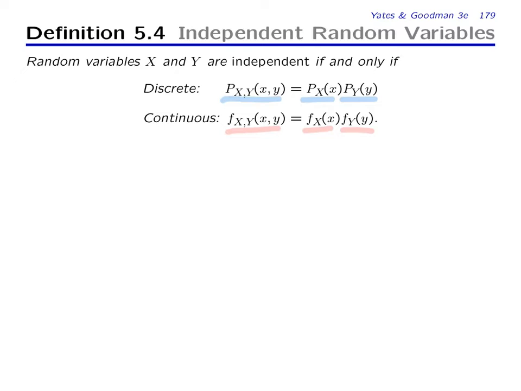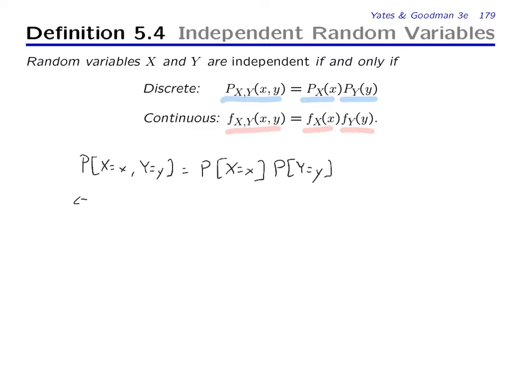For discrete random variables, the condition reduces to the probability x equals x and y equals y. This joint event has to factor into the probability x equals x times the probability y equals y. That's precisely what factorization of the joint PMF tells us.